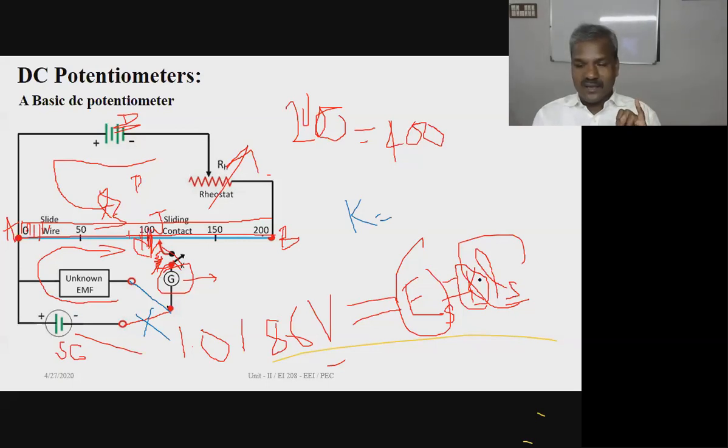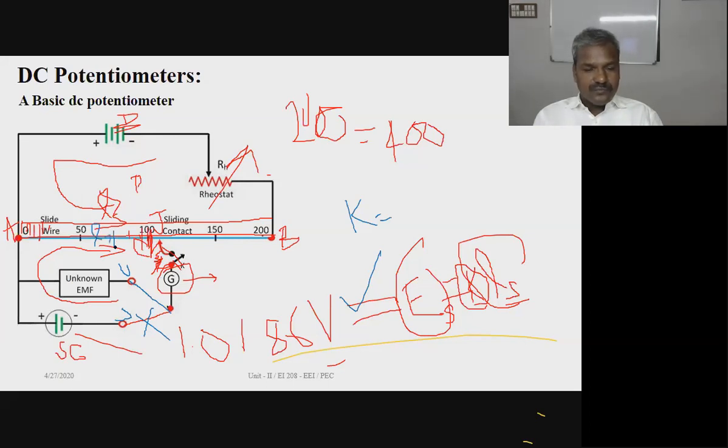We found this by connecting the switch to the standard cell point. This is the S position, and this is the unknown position. Now we connect the galvanometer circuit here. Similar to the previous procedure, we move the jockey to any position and note that position as L2.